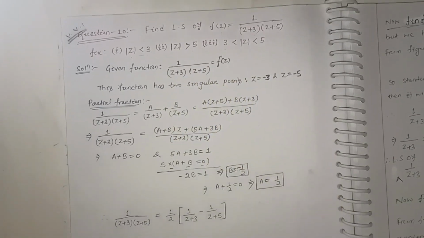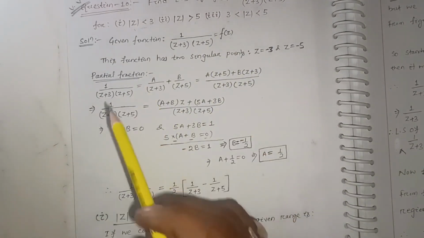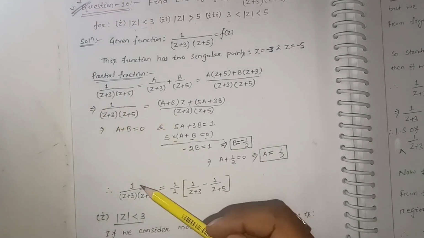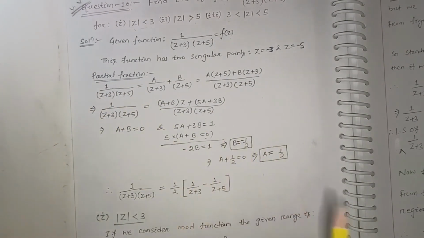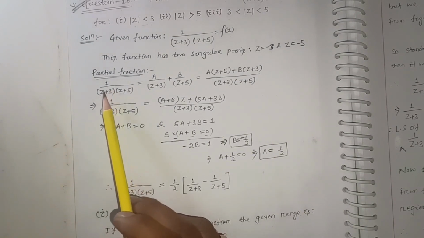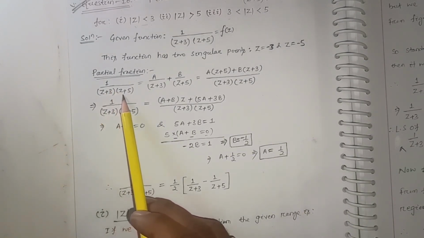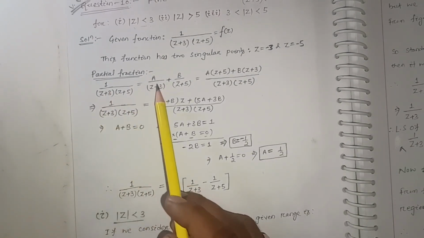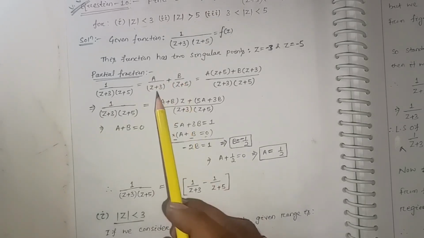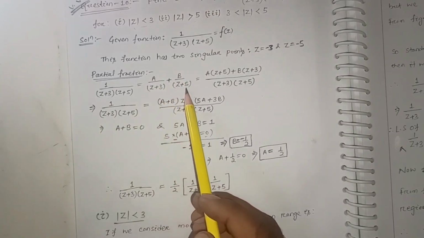Now we go for the partial fraction. I have done the detailed steps here, and you have to write them in your notes. The given function 1/((z+3)(z+5)) can be written as A/(z+3) + B/(z+5), where A and B are constants.